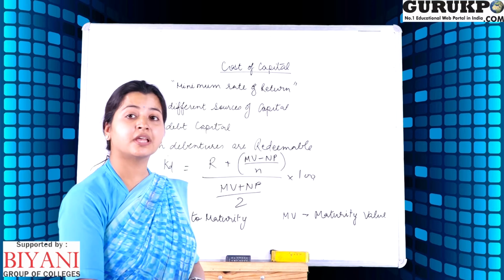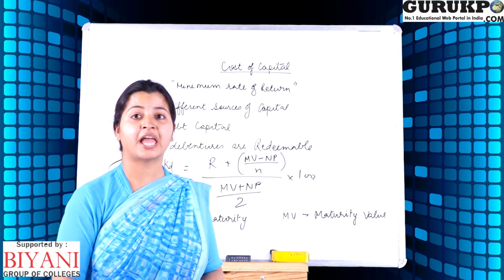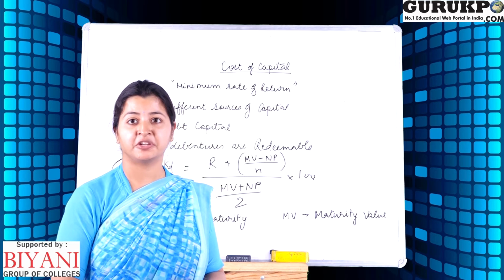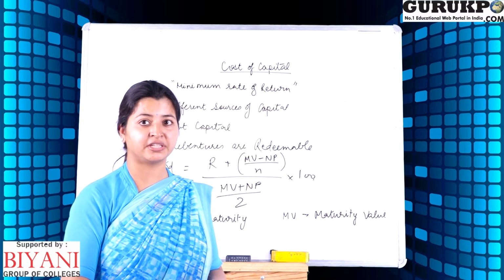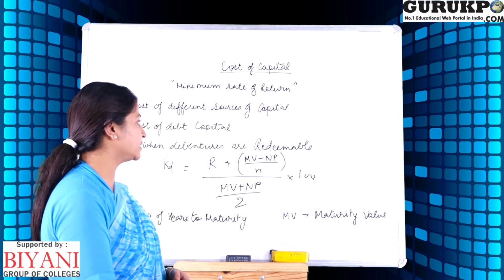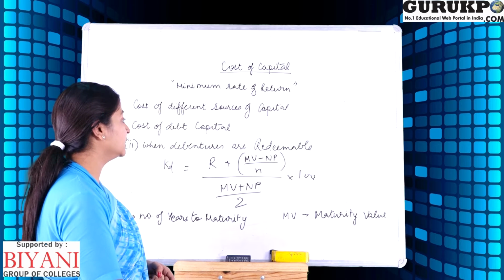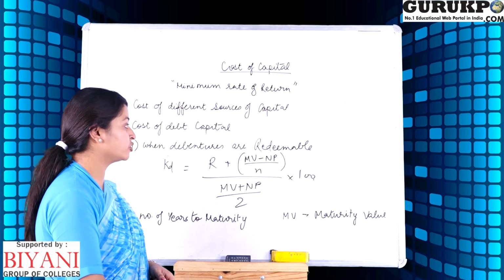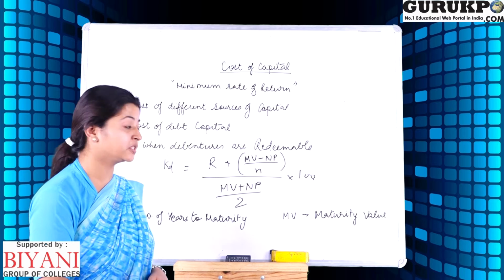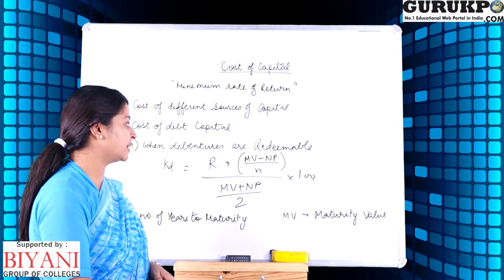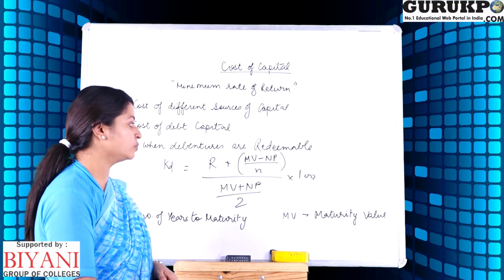When debentures are redeemable, it means we have to pay off our debentures after a specified period of time and with a fixed rate of interest. So when we calculate the cost of debt capital, the formula will be R plus MV minus NP divided by N, divided by MV plus NP divided by 2, into 100.